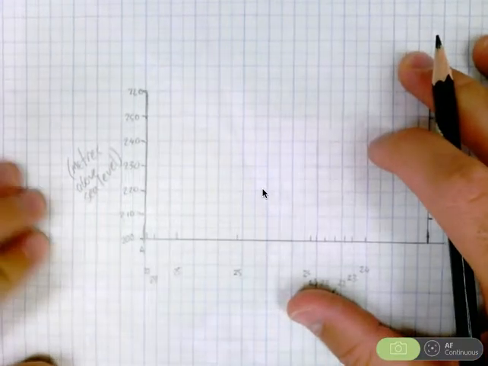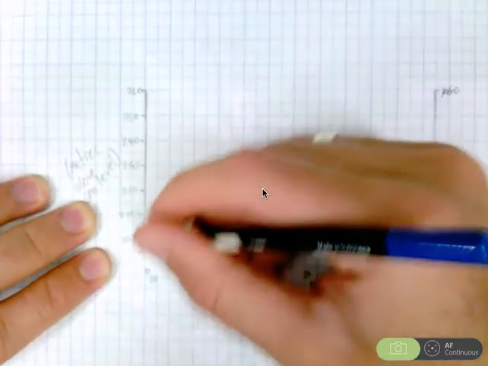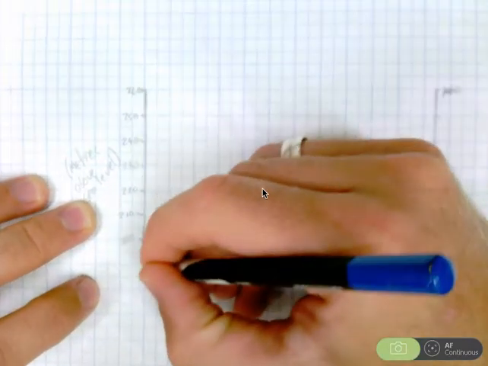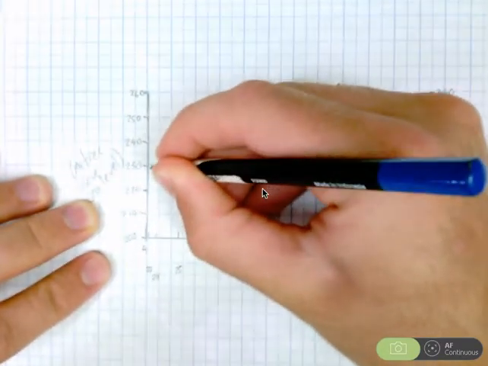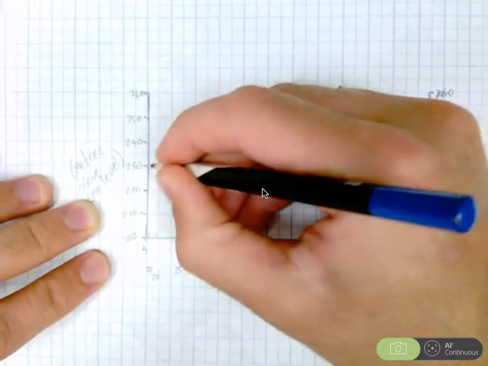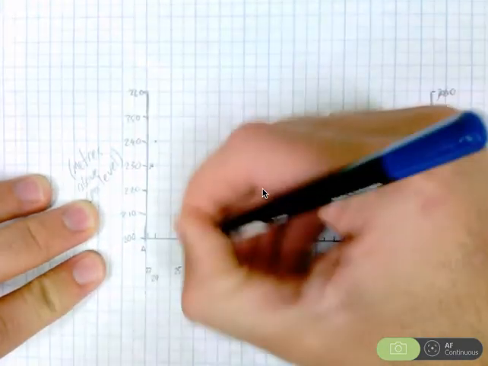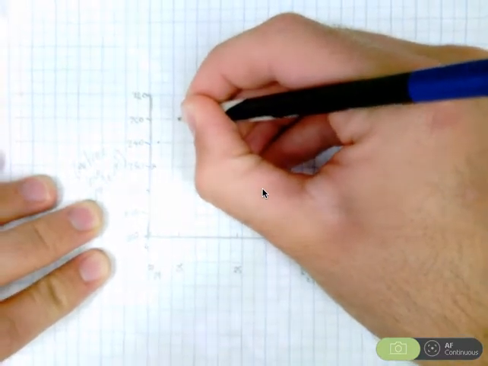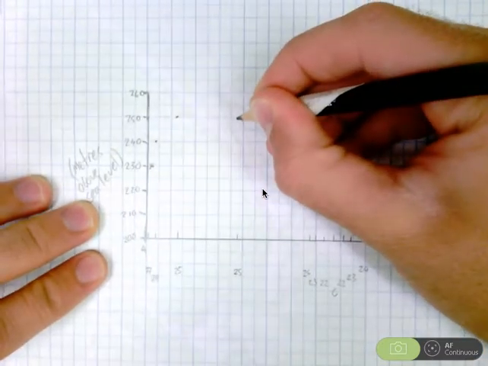Okay, now we're going to transfer these up the graph and make a dot that we'll be able to join later. So at this 230 mark, we trace it up and place a dot in line with 230. 240, upwards of 250, again at 250.